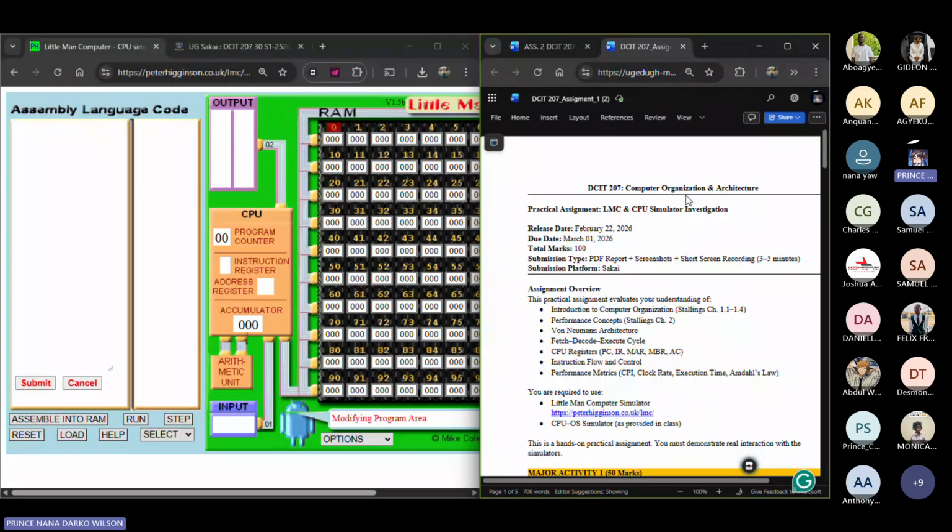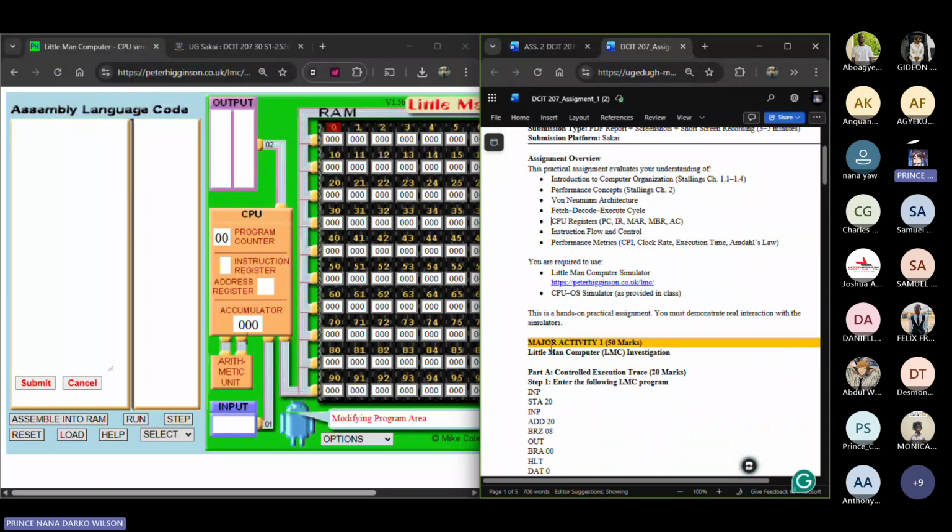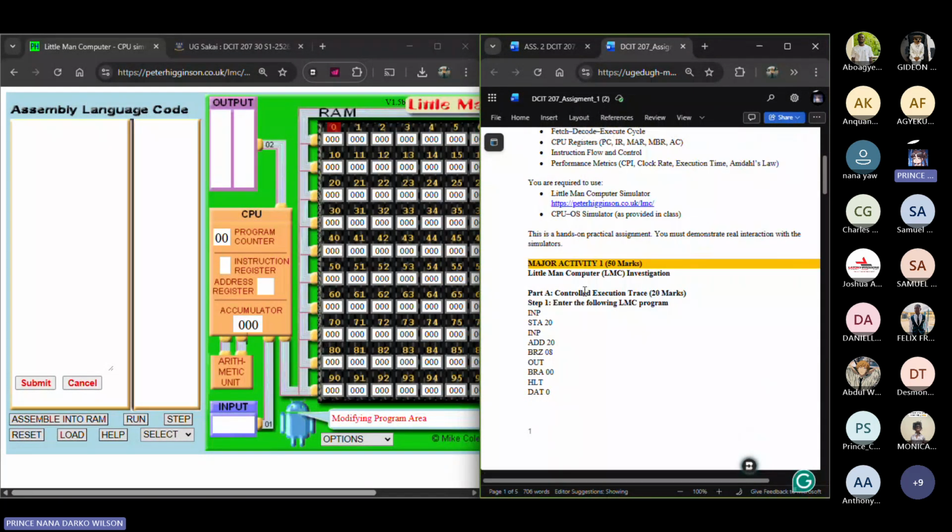So let's do a walkthrough of what we discussed last time. The assignment says we need to use the Little Man Computer, specifically the Higginson's model, this one here. We are also going to use the Central Processing Unit Operating System Simulator that was given to us in the class.